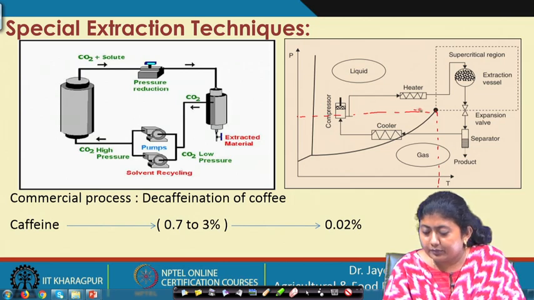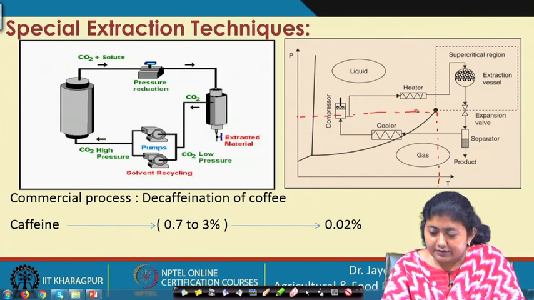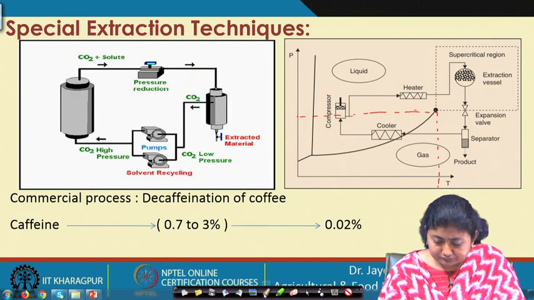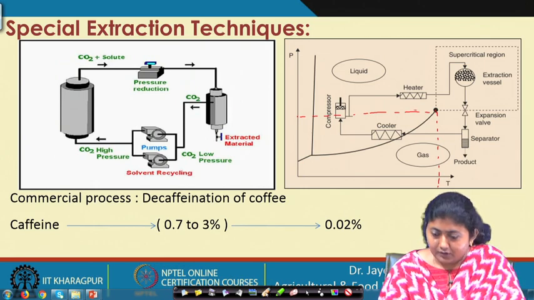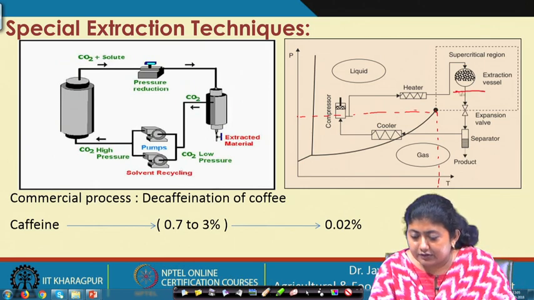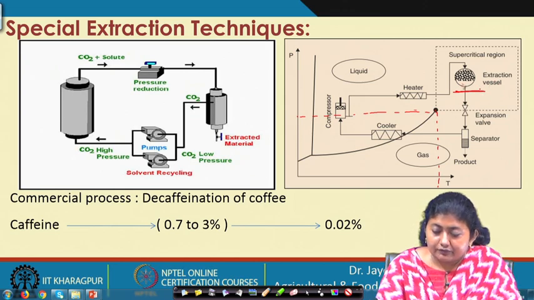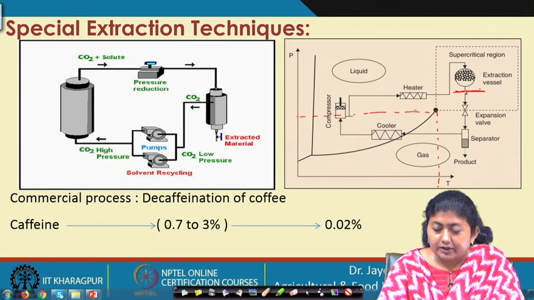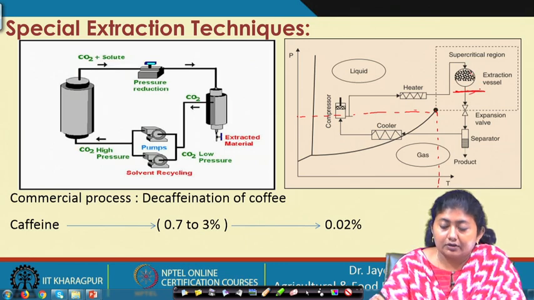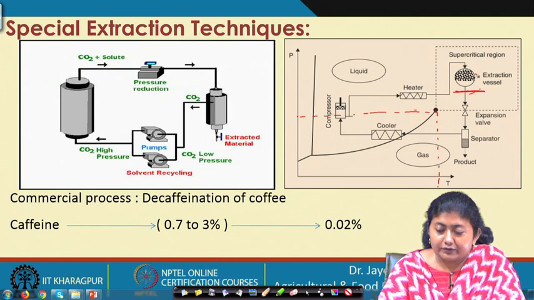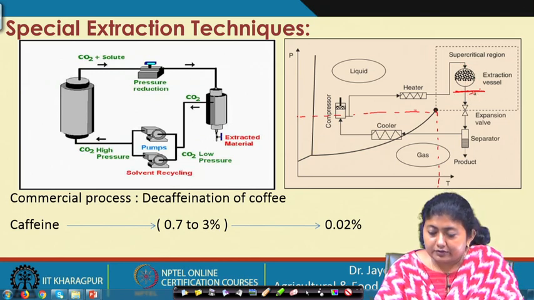We then have an extraction vessel, where the extraction actually happens. After extraction we need to separate, because we have the supercritical fluid and the solute or component that we have extracted from the feed solution.